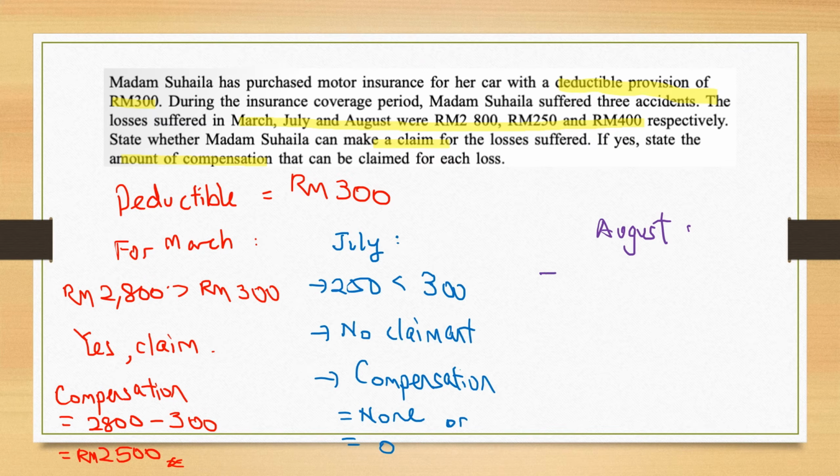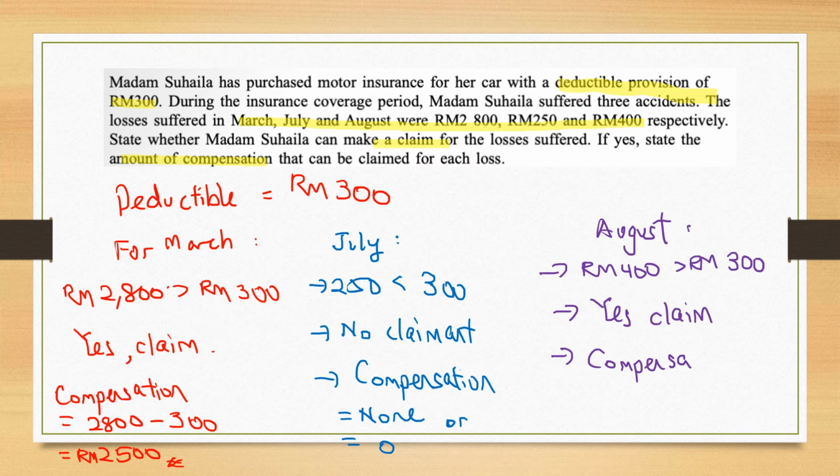For August, that will be 400 ringgit. 400 ringgit is greater than 300 ringgit, meaning you can get a compensation amount as well as a claim. Yes, claim. And for compensation, it would be RM 400 minus 300 ringgit, and that would be 100 ringgit right here.